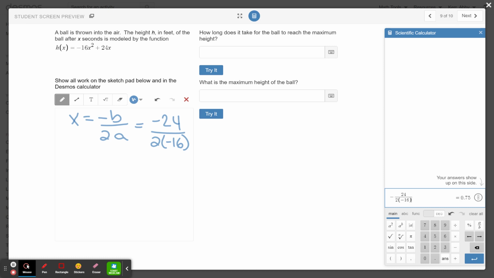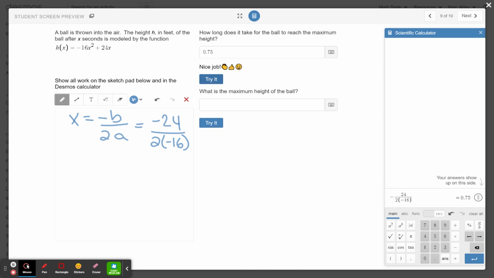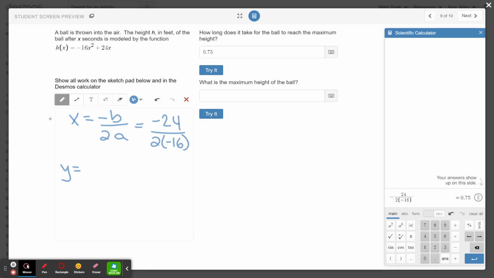So I get 0.75. So it takes 0.75 seconds for the ball to reach the maximum height. Now we have to find the maximum height, and we do that by plugging it in. Remember, I like to use y equals. If you use h of x, that's fine too. That's not going to get you a different answer.